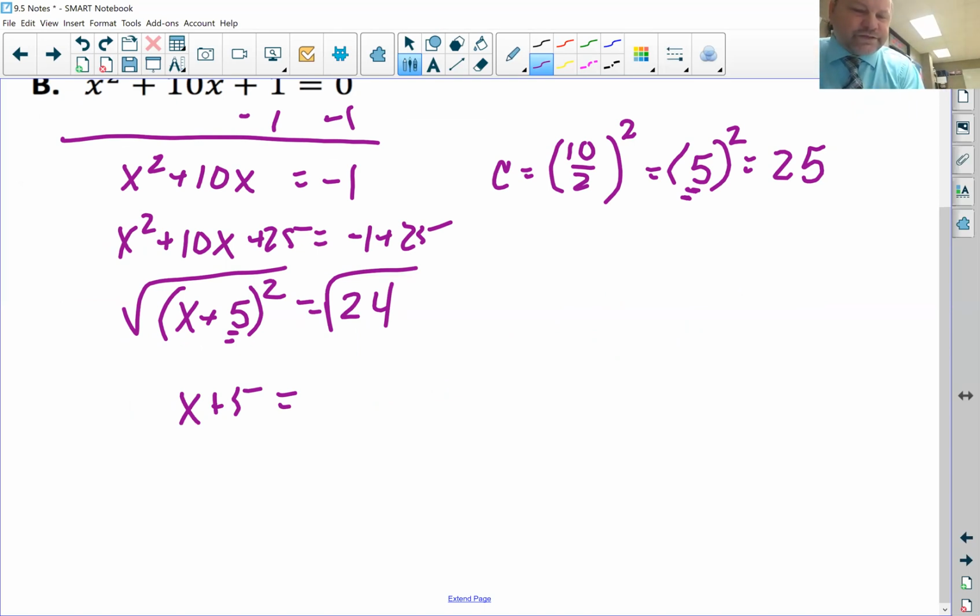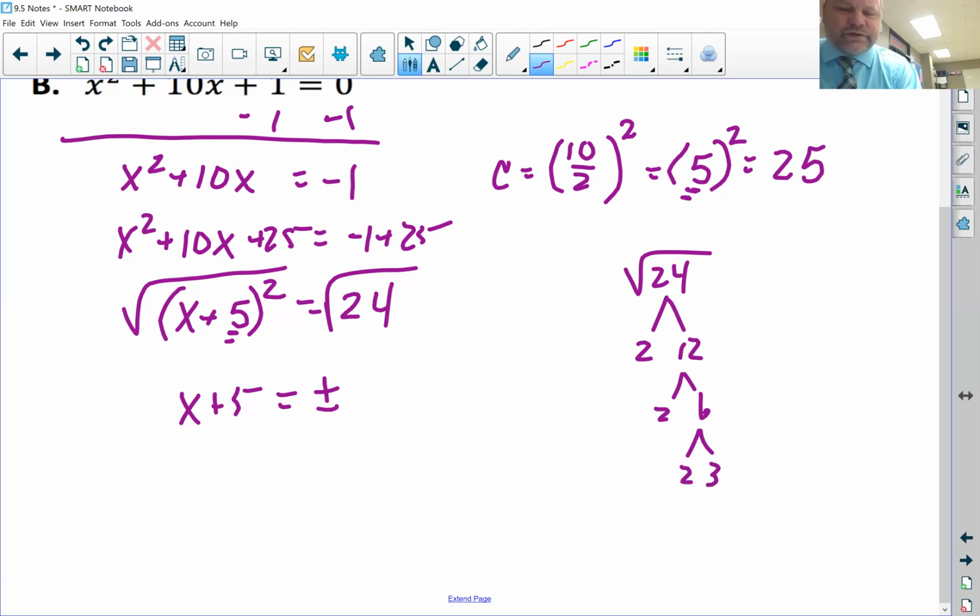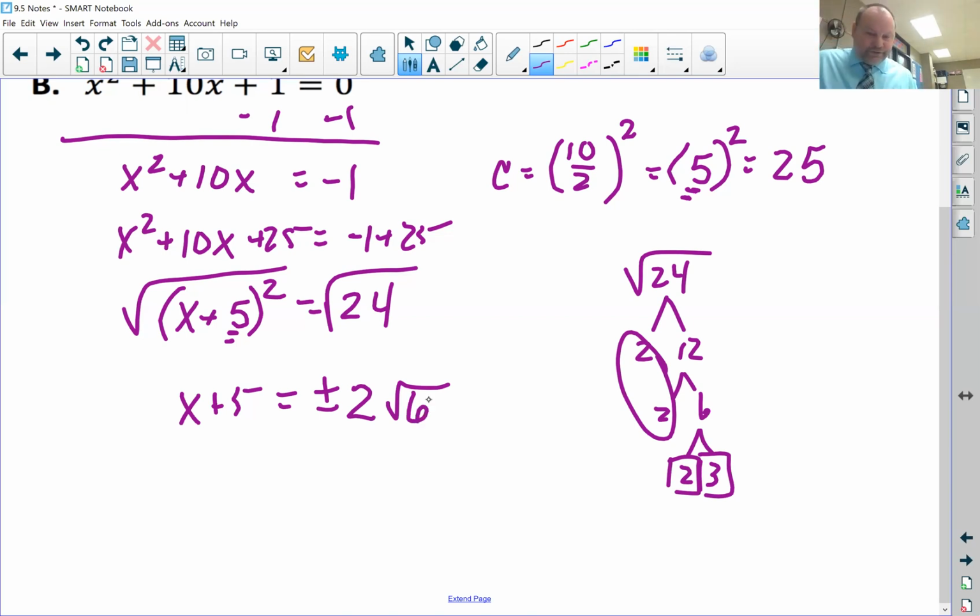On the right-hand side, I want to see if 24 can be broken down. 2 and 12, 2 and 6, 2 and 3. So there's a factor of 2 out front, and inside, we would take 2 times 3. I'm going to actually multiply 2 times 3 in my head and get 6. So plus or minus 2 root 6.